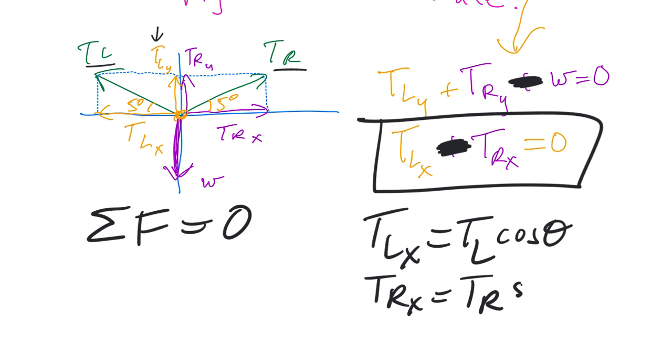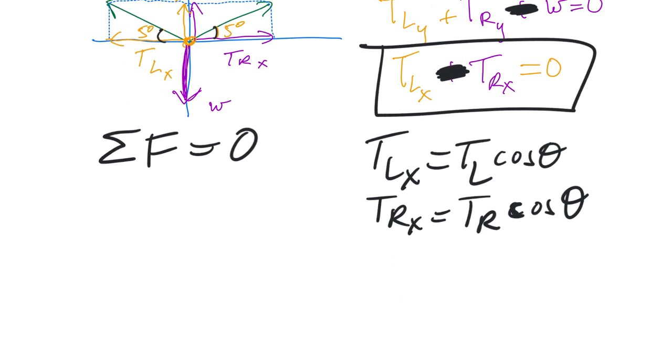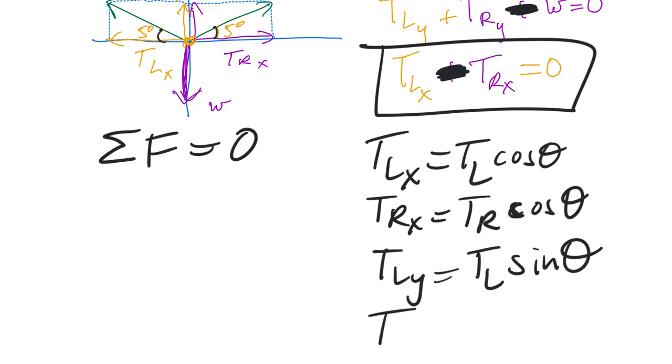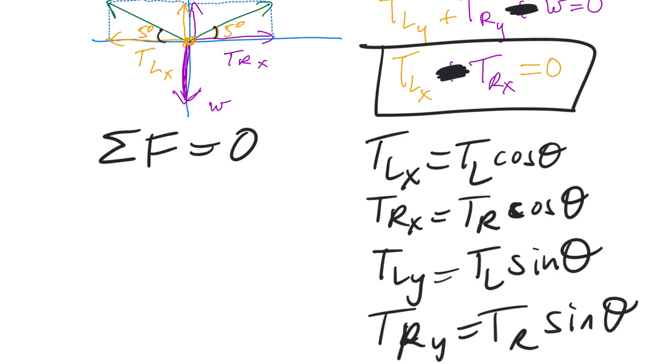These would be identical. Theta being the angle from the horizontal that the rope is bent. And then TLY would be TL sine of theta, and TRY would be TR sine of theta. So if we had numbers, we could figure all this out.